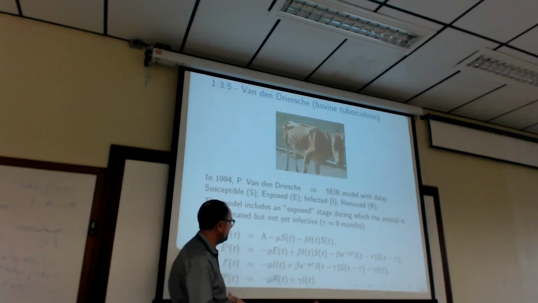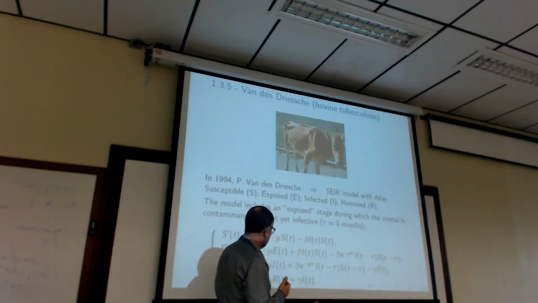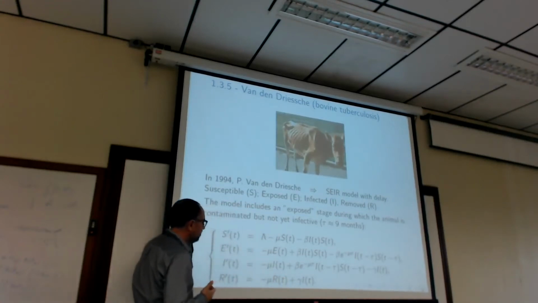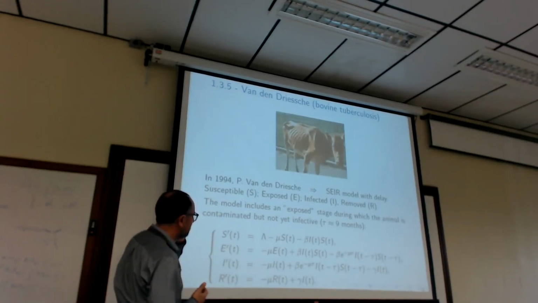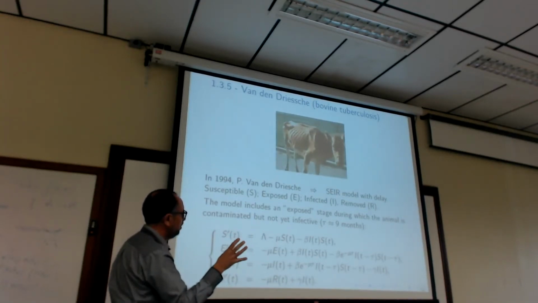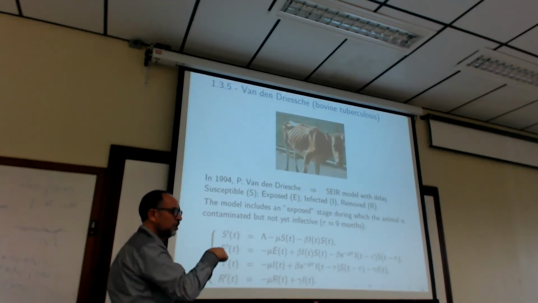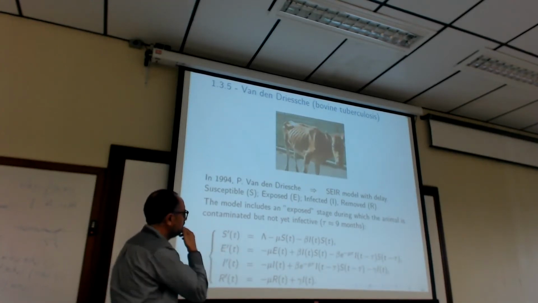This is the mortality, and here the difference is, let me explain. The system was before a partial differential equation with age and transformed to this.